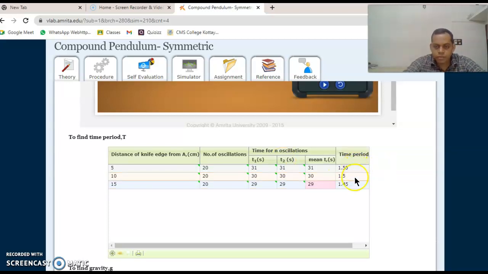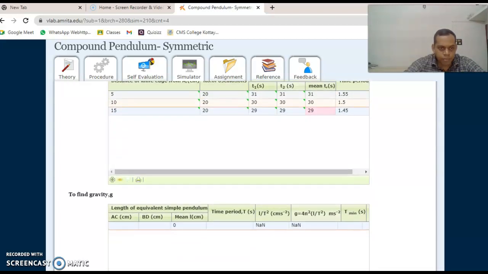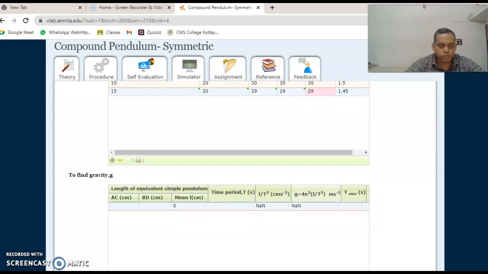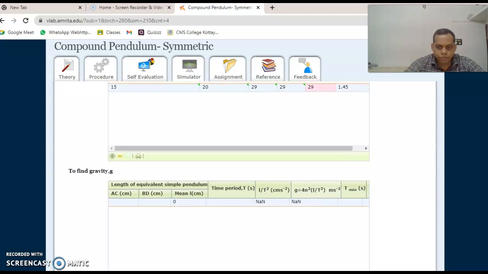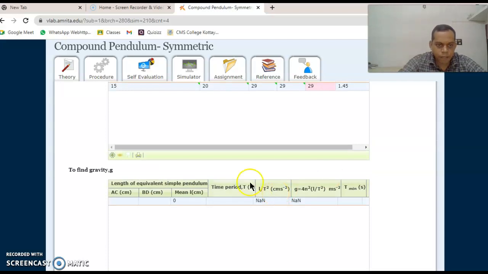Okay, so it will decrease, and we will be completing all the distances up to 90 or 100. Note that we will be having the center of mass.